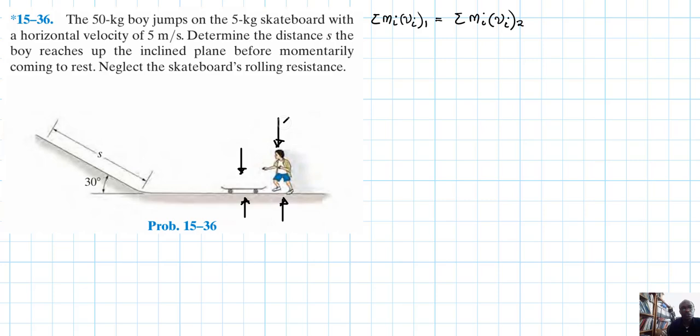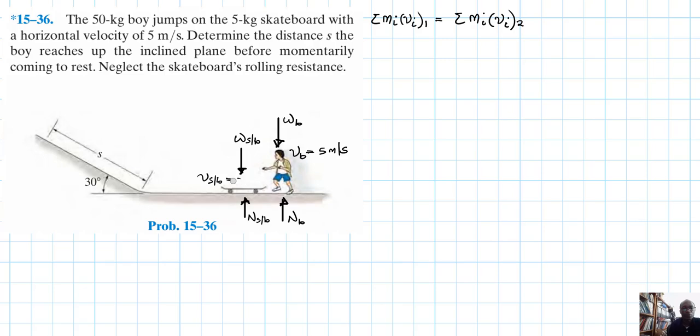So this is W_B and N_B, and this is the skateboard, with W skateboard. Here, the velocity of the boy is equal to 5 meters per second, and the velocity of the skateboard at this point is equal to 0.